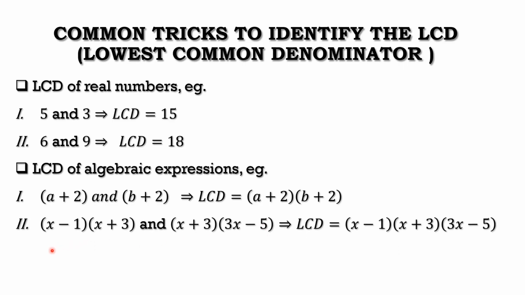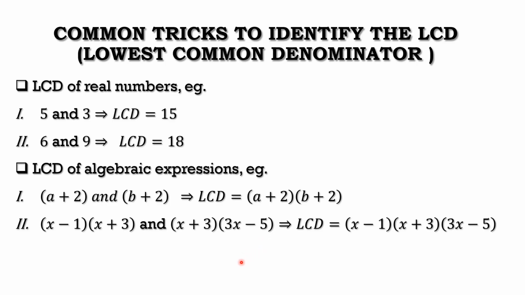Now let's go to the LCD of the expressions s minus 1, s plus 3, and s plus 3, 3s minus 5. We are going to analyze that s plus 3 repeats itself in these two expressions. s minus 1 doesn't repeat itself, as well as 3s minus 5.